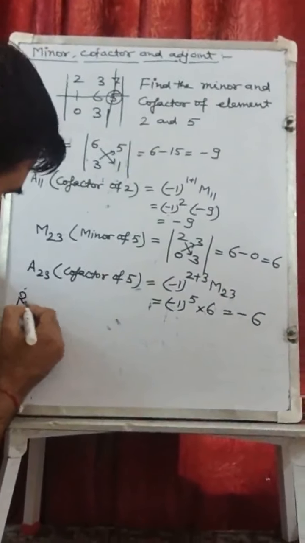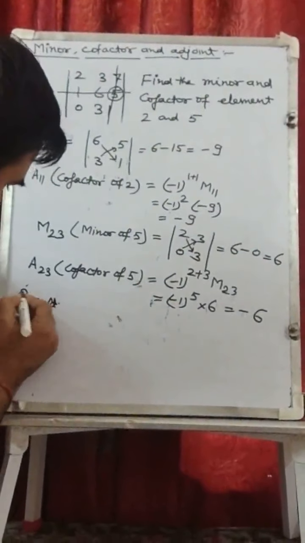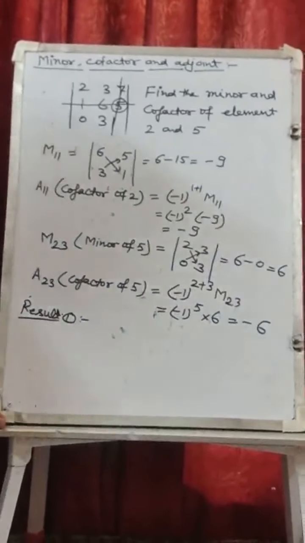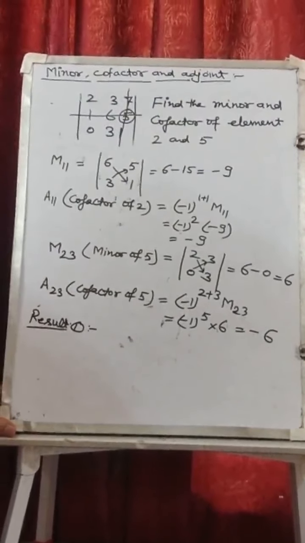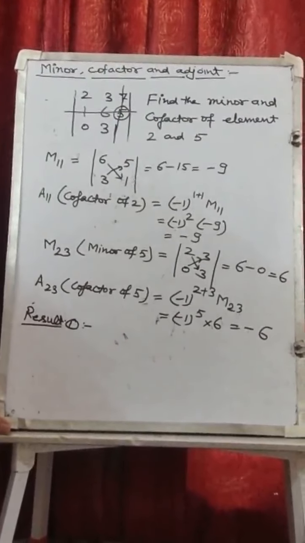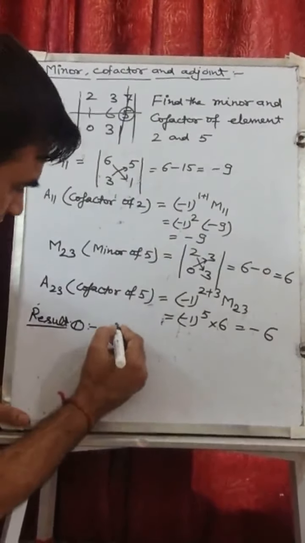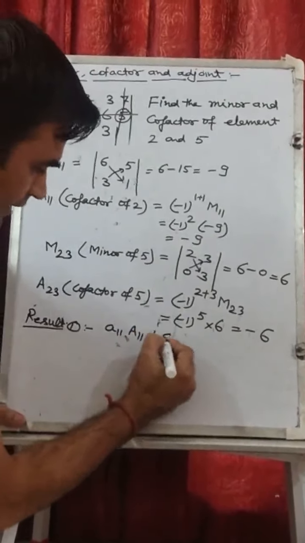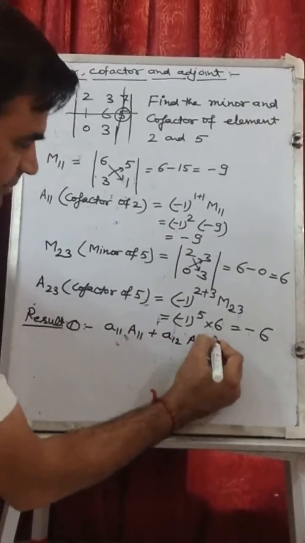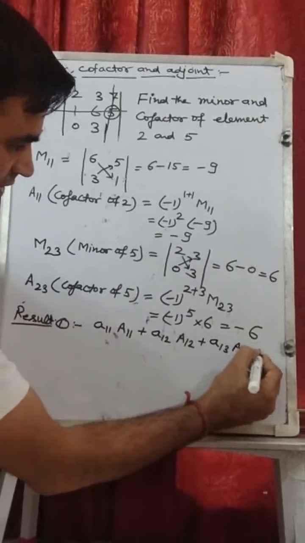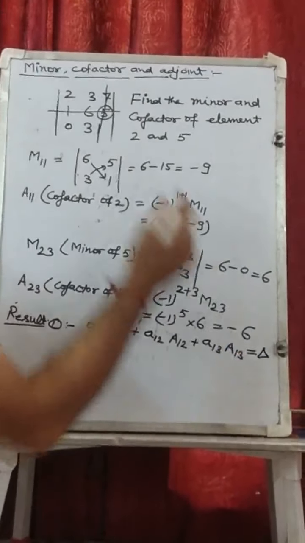The first result says, if we multiply the cofactors of the corresponding elements with the same elements of that row or column, means A11 is multiplied with its corresponding cofactor, A12 multiplied by its cofactor, A13 multiplied by its cofactor, then this gives us the value of the determinant.